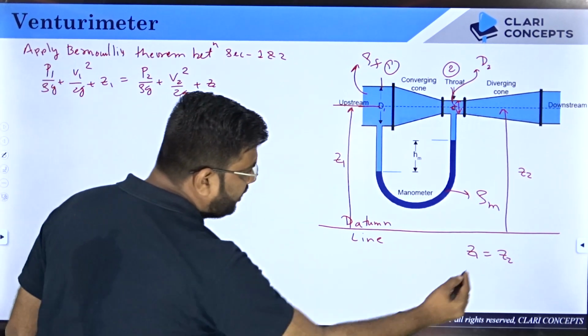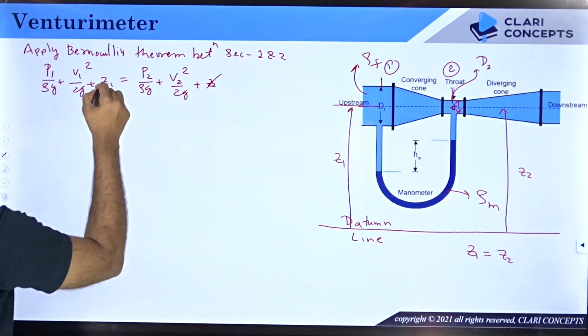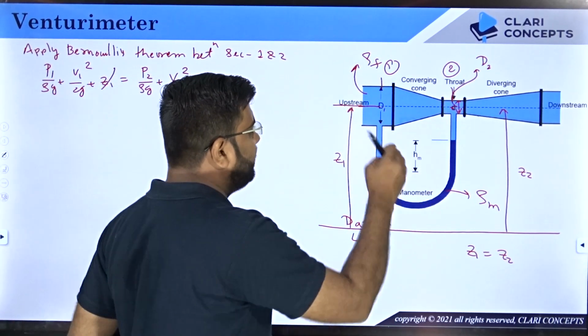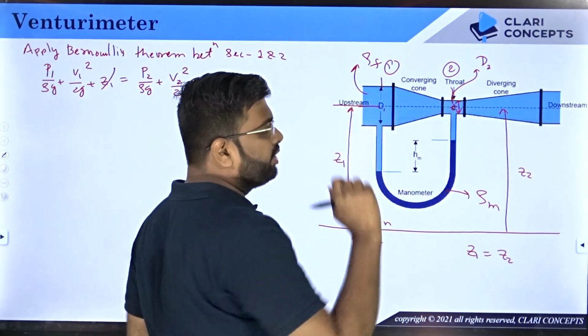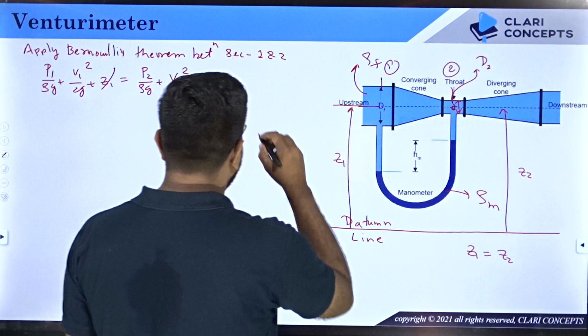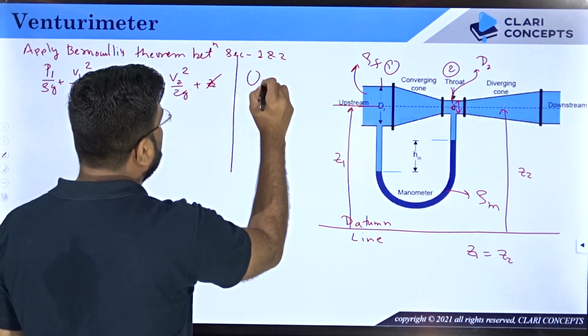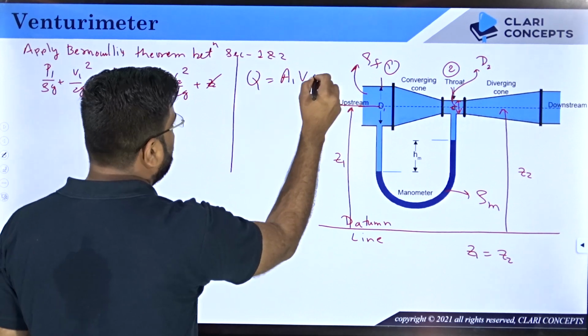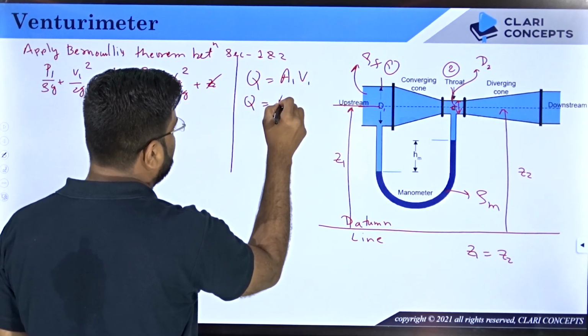Now since Z1 and Z2 are equal, you can cancel them from both the sides. Now in this equation, the objective is to find the velocity either in section 1 or in section 2. Why? Because you want to know the flow rate, and I hope you are aware that flow rate Q is basically either area 1 into velocity 1, or this is also equal to area 2 into velocity 2. They are the same.